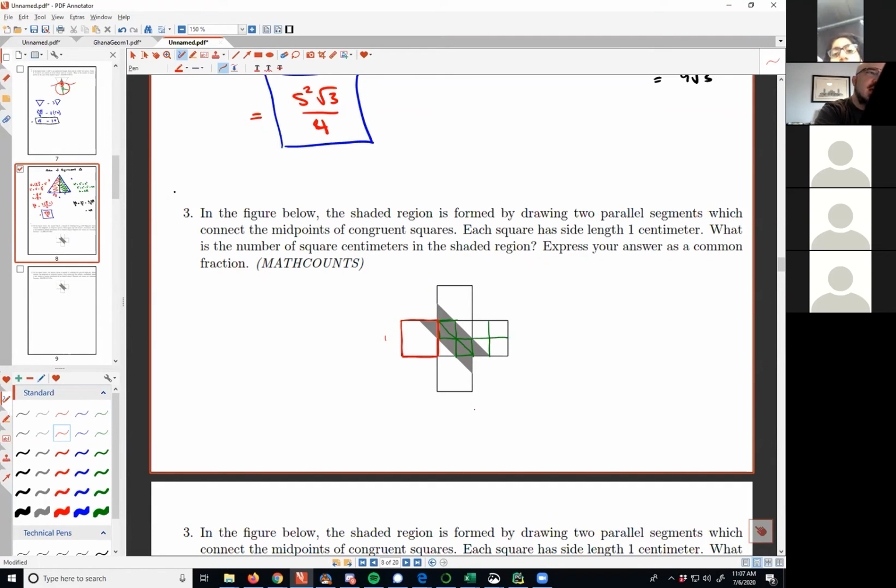But we can see how many different shaded little triangles do we have? 10 in total. The middle one has 6. We can see we're missing 2, and then we've got 4 extra. So we've got 10 of these little triangles, and what is the area of each of those 10 little triangles? 1/8.